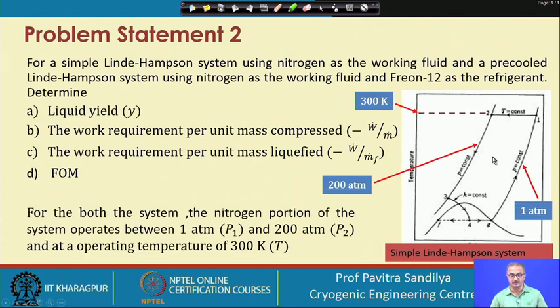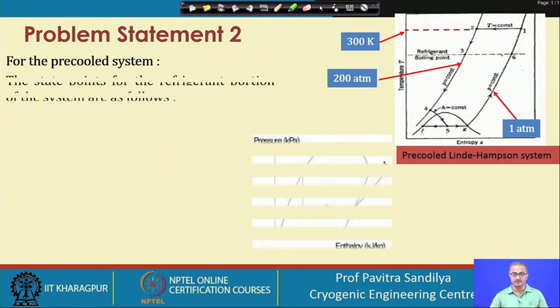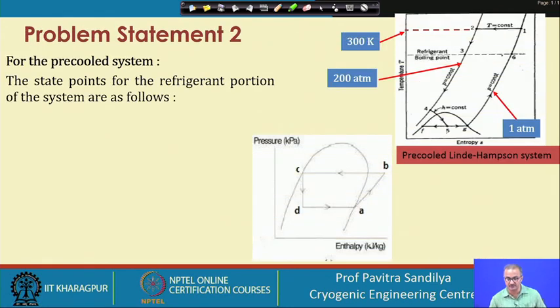Now, as per the problem, these are the various values given to us. It is being pressurized from 1 atmosphere to 200 atmosphere at 300 K. So this is the 300 Kelvin line. And for the pre-cooled system, we are taking Freon as the pre-coolant.